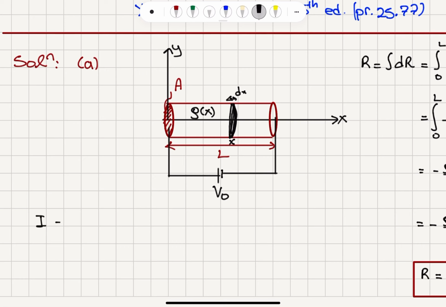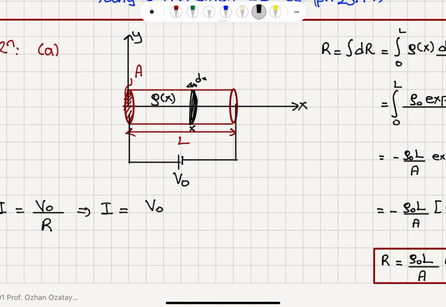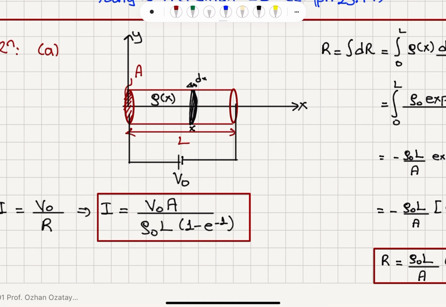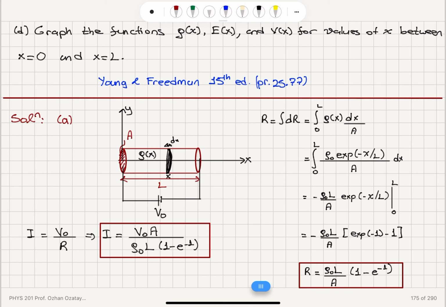The current is the voltage divided by the resistance, V0 over R. Therefore, I see that the current is V0 A divided by rho 0 capital L times 1 minus exponential minus 1. So that will be the current in the rod.